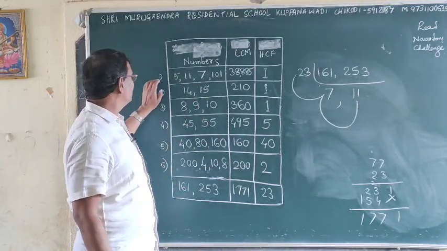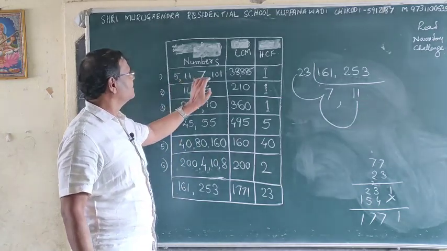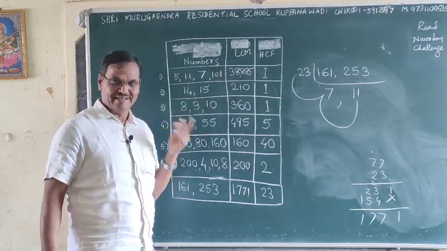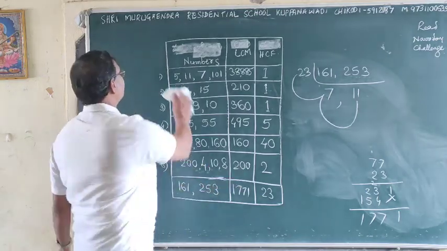What is the LCM of 5, 7, 11, 7 and 101? If a question comes like this.